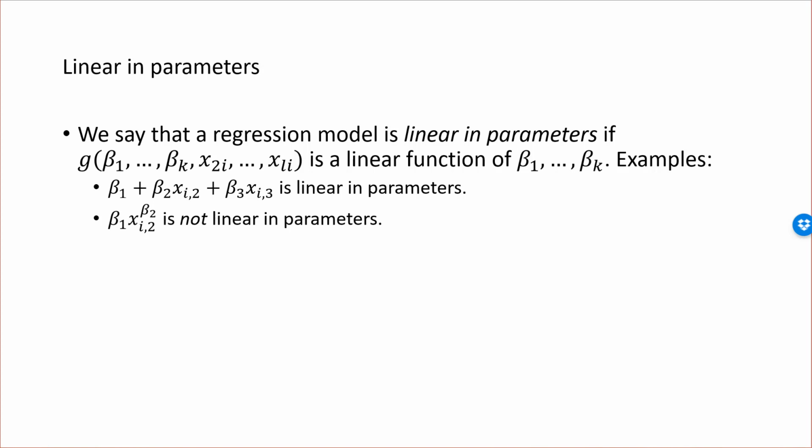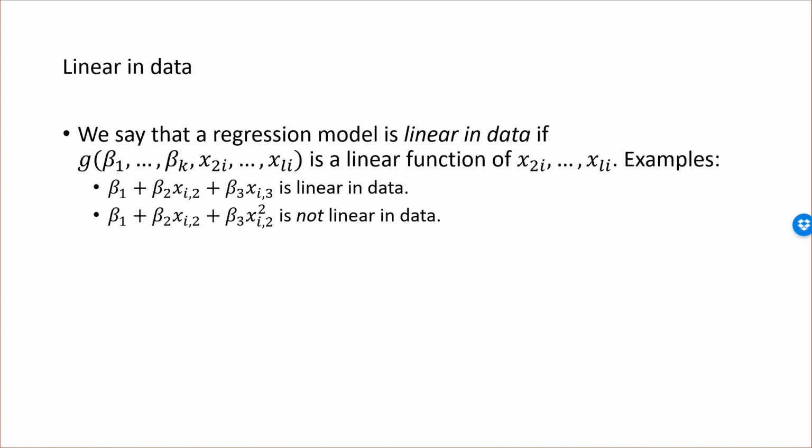We can also discuss the linearity of g in terms of the data or the x variables, and then we treat the betas as constants. So we say that it's linear in data if this function is a linear function of the x variables. So the first example, that is linear in data.